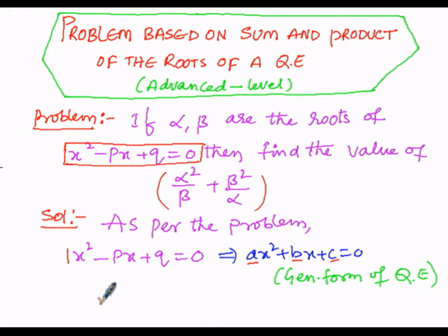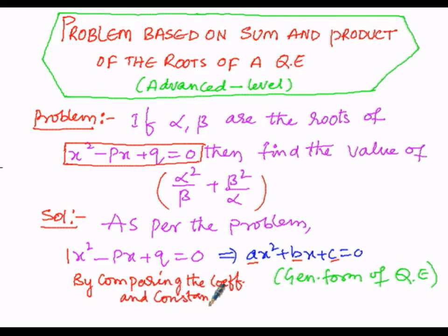So by comparing the coefficients and constants, we can write a is equal to 1, b value is minus p, and c is just q.